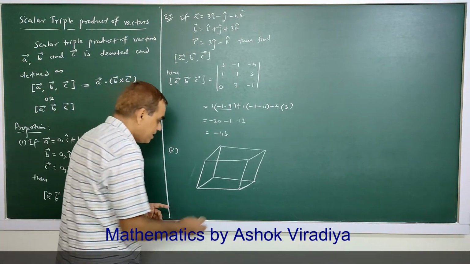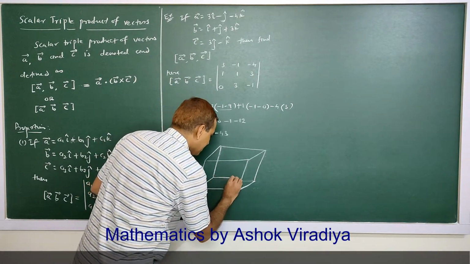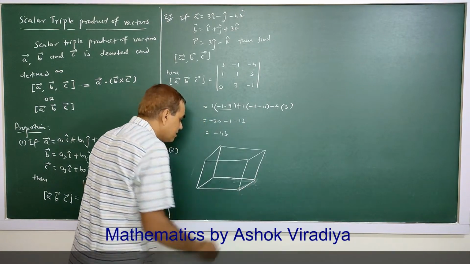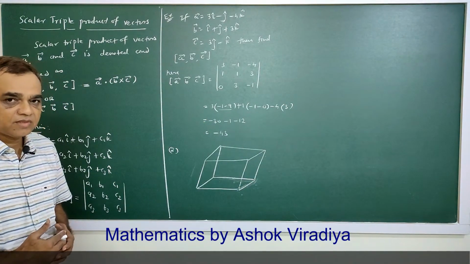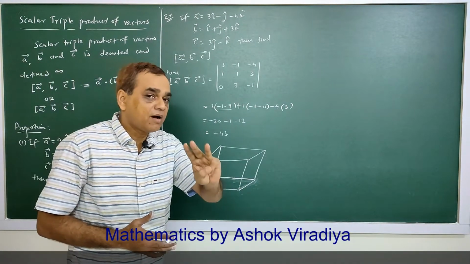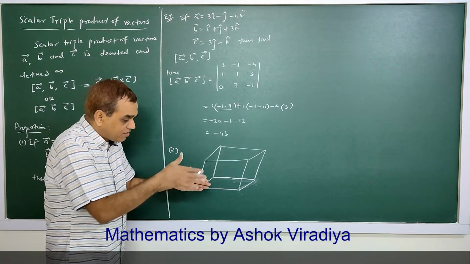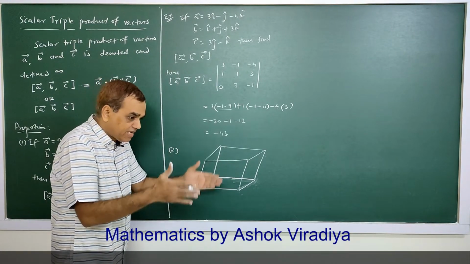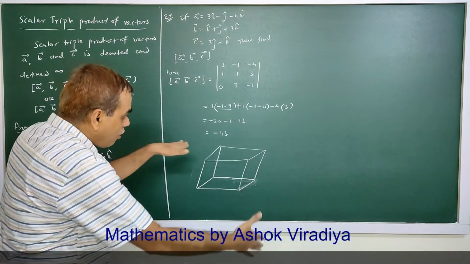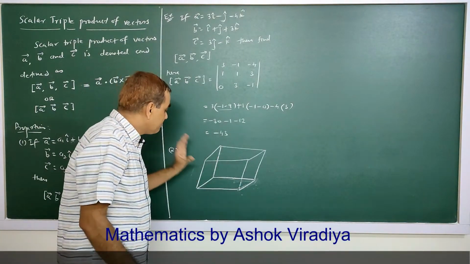A parallelepiped is a three-dimensional object, you can see that here there are 6 sides. This object has 3 pairs of parallel sides. You can see that here the front side is a parallelogram, the back side is a parallelogram, left side and right side are parallelograms, top and bottom are parallelograms. So all 6 sides are parallelograms. It is a parallelepiped.